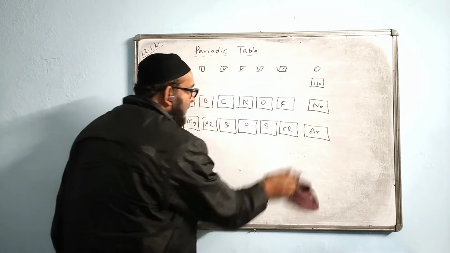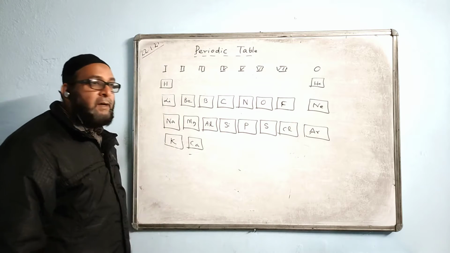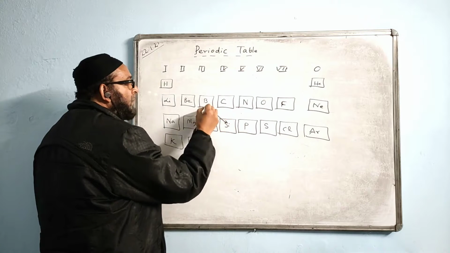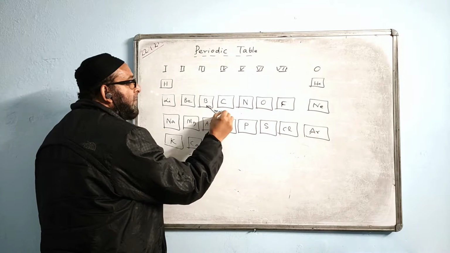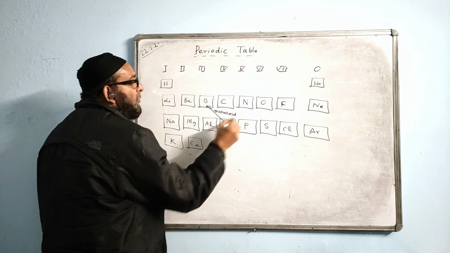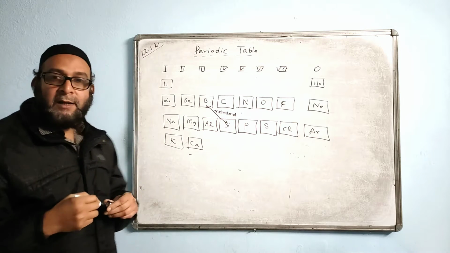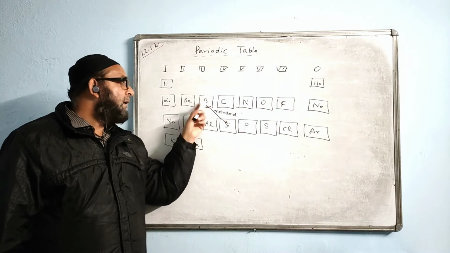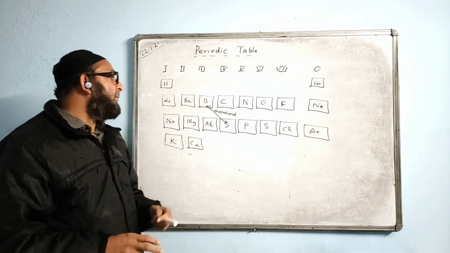Now 2 of the elements are called metalloids: boron and silicon. Metalloids have properties between metal and non-metal. Name the metalloid of period 2.